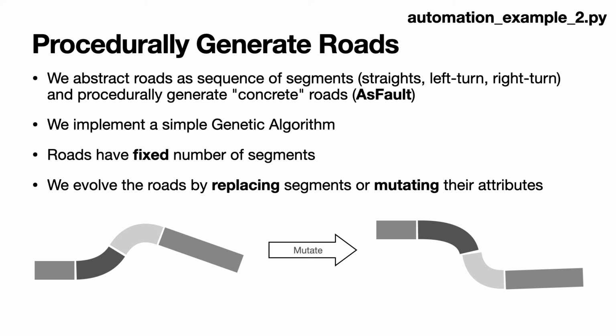The size of the chromosome is fixed to a configurable number, let's say 5, and each part of the chromosome is a different segment and defines a road. By changing, replacing, or mutating those segments, we can evolve the roads. There are many other ways of doing that, of course. This is just illustrative. And the code, you find it in automation example 2.